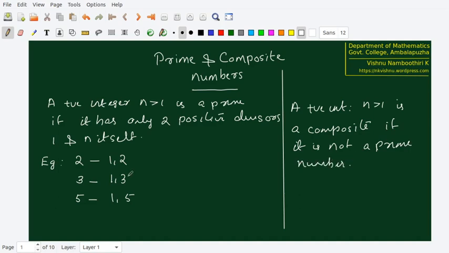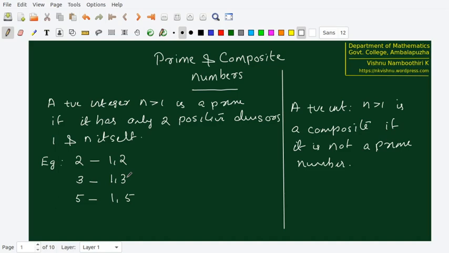So a composite number basically has no other definition except that it is an integer greater than 1, which is not a prime. Therefore, it's some kind of a negative definition in the sense that we say something to be composite if it's greater than 1 and it is not a prime.